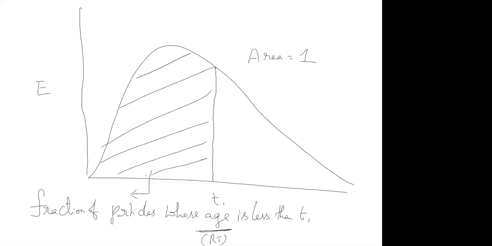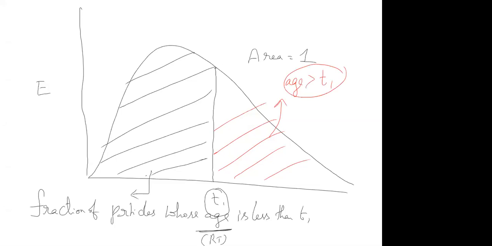That means this shaded area indicates the fraction of particles that has spent a time less than T1 minutes inside the reactor. What does the remaining fraction indicate? The fraction whose residence time is greater than T1. So this is how the E curve works.